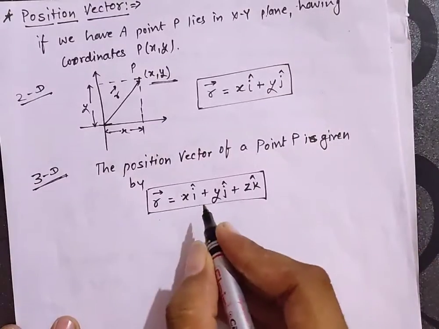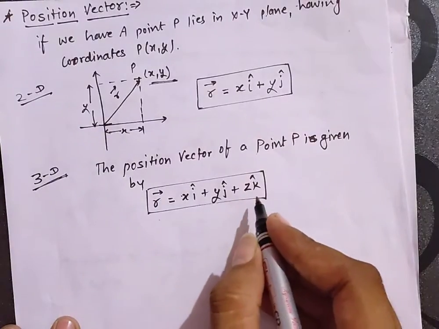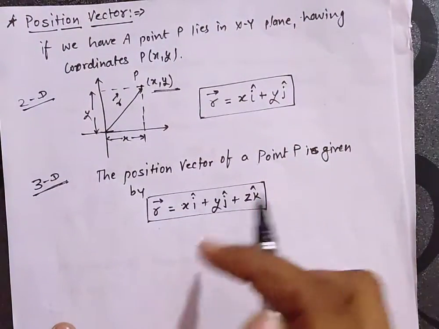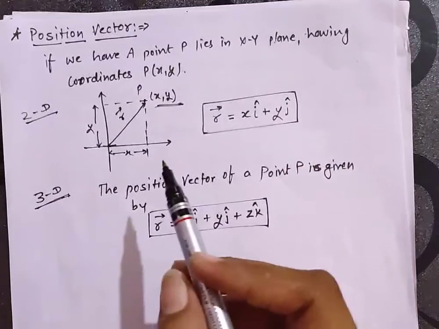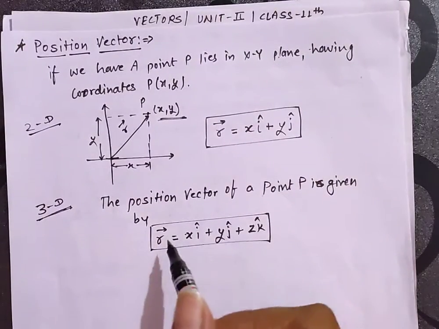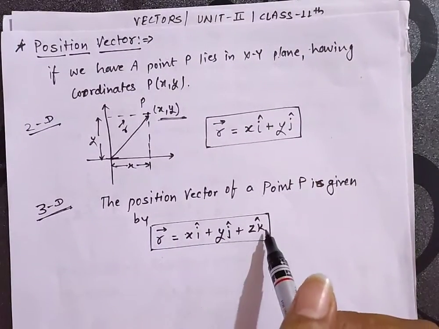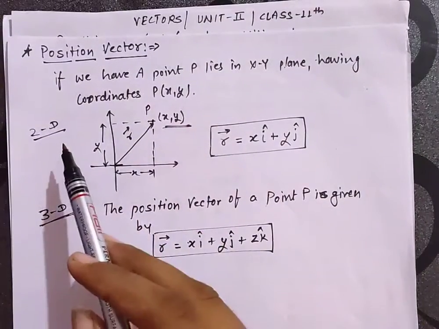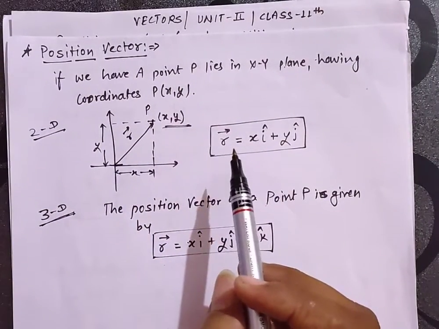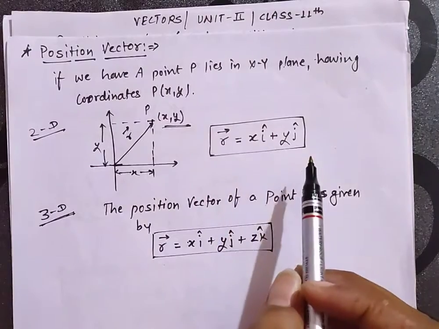If a point P lies in the two dimensional space, this position vector r is given by x i cap plus y j cap.